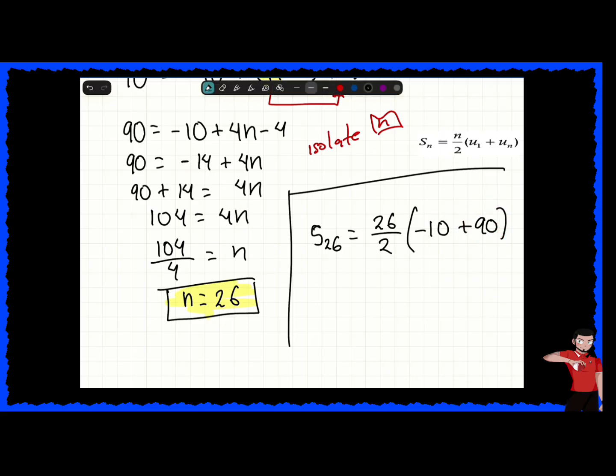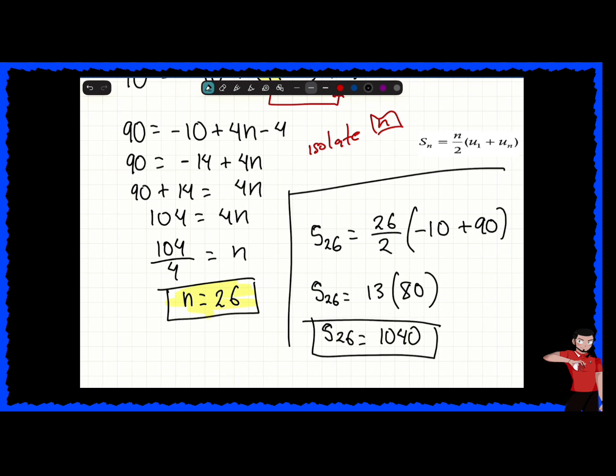So finally, the sum until the position 26 is going to be 13 times 80. Minus 10 plus 90 is 80. So we can do this, and that's it. This is 140. And that's it. This is the sum until the position 26.